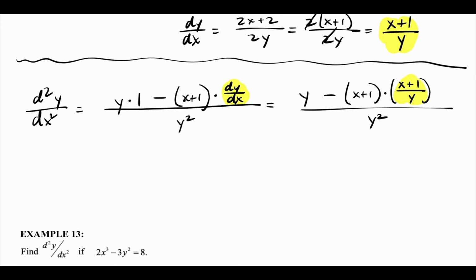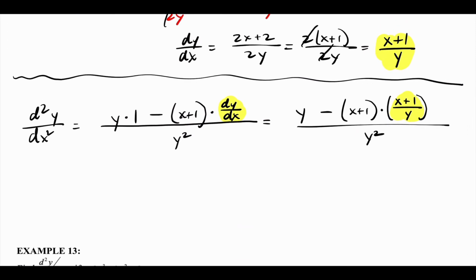Where do you get the 2 from? Okay, so let's see. I got bottom squared, bottom times the derivative of the top, and then the top times the derivative of the bottom, which is just 1, right? dy/dx. Yep, that was the derivative.